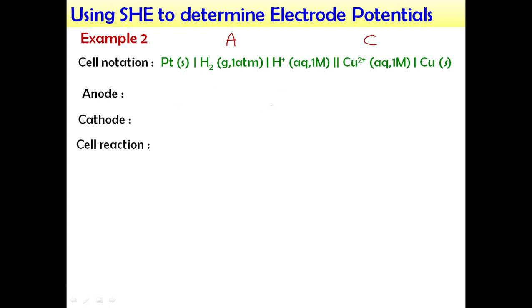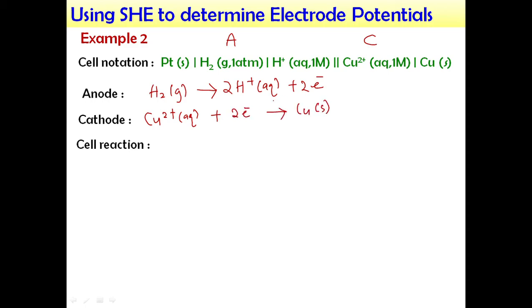So, at anode, the reactions occur daripada hydrogen gas. Dia akan lepaskan elektron, menghasilkan H+ aqueous plus elektron. So, this is 2 hydrogen, 2H+, 2 elektron. Okay. So, untuk cathode pula, daripada Cu2+ aqueous, dia akan terima 2 elektron menghasilkan Cu solid. So, since 2 elektron kepada 2 elektron, boleh terus cancel.